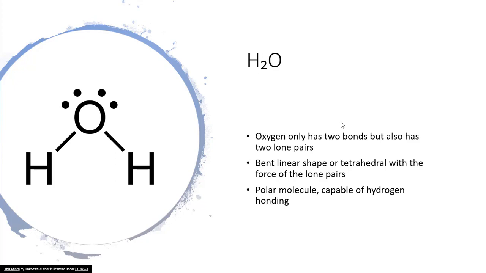Since the lone pairs are present on the oxygen, the oxygen is slightly more electronegative and the hydrogens are positive. So there are dipole moments experienced, which make this a polar molecule. And since there are also lone pairs on the oxygen and hydrogens, this molecule is capable of hydrogen bonding to other molecules.